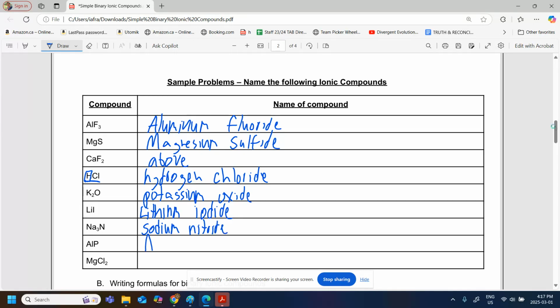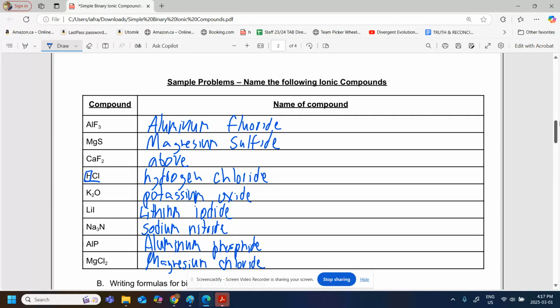AlP is aluminum phosphide. And MgCl2 is magnesium chloride.